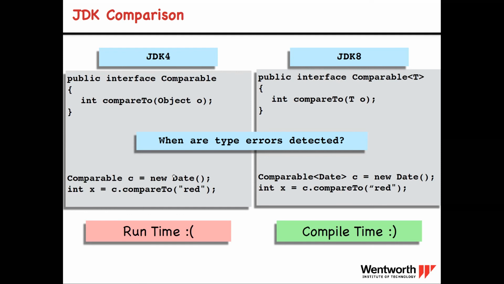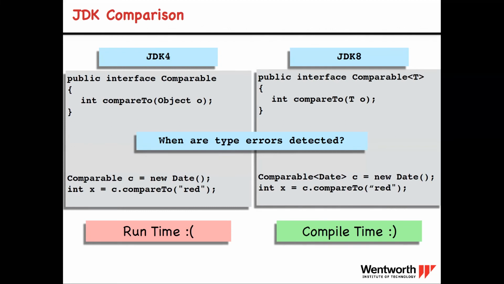Java sees this and goes, oh, it looks fine to me. And then when it runs, it realizes, hey, a date is not a string. Whereas here, Java is going to tell you right away, hey, you said this was a date and you're trying to compare to a string. That doesn't work. So what happens at compile time?